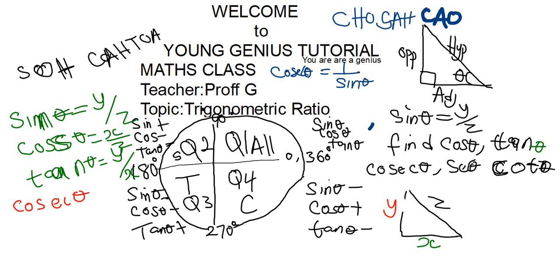So the inverse of sine theta, from what we already got here, is 1 over opposite over hypotenuse, so we are going to have it as hypotenuse over opposite. And if you multiply this, let's write it here since there is a little space.